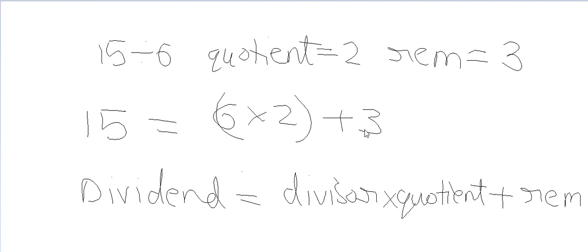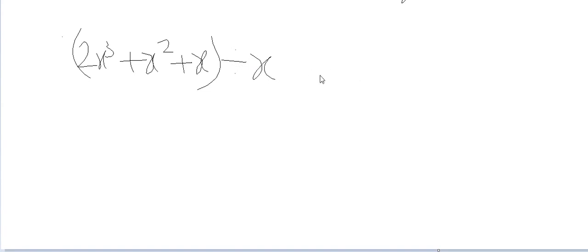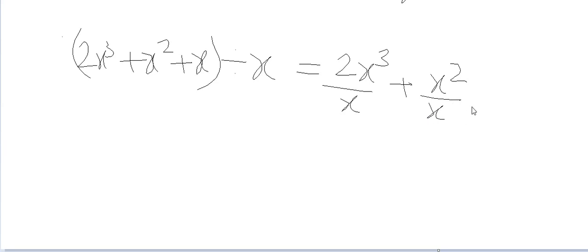We can do this for polynomials also. Like for 2x cubed plus x squared plus x, if I want to divide this polynomial by x, I can write it as 2x cubed by x plus x squared by x plus x by x.